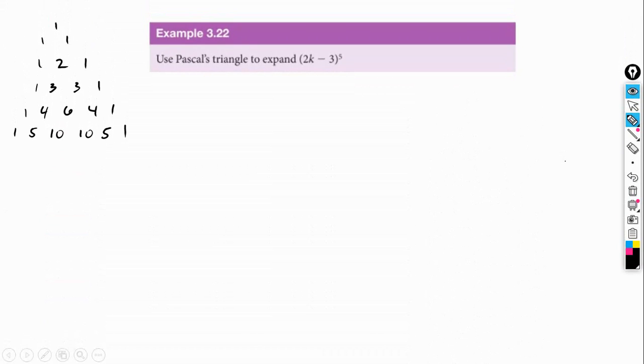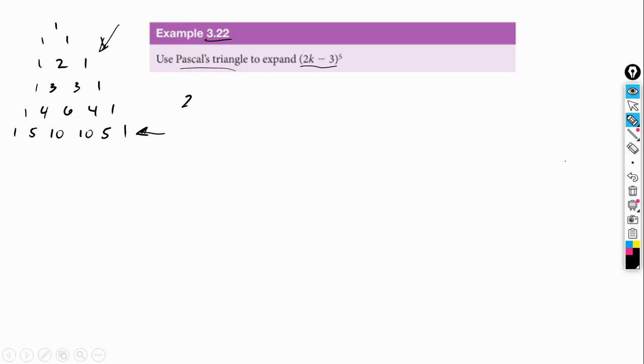So here we are on example 3.22, and it says, use Pascal's triangle to expand 2k minus 3 to the power of 5. So notice that to the left, I already have Pascal's triangle, and this here would be the coefficients when n is to the power of 5. So let's just write this over here.